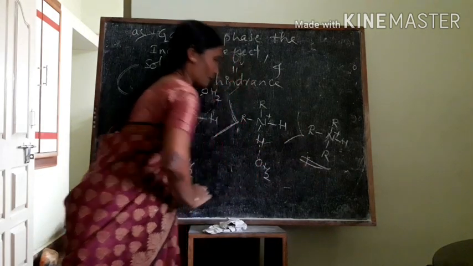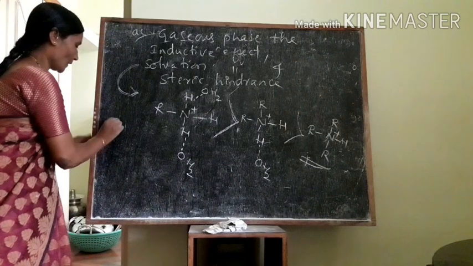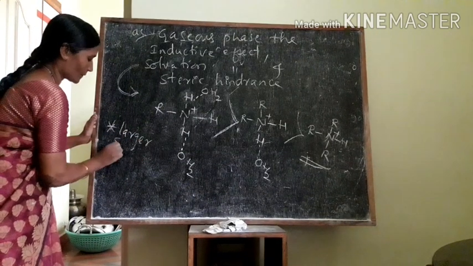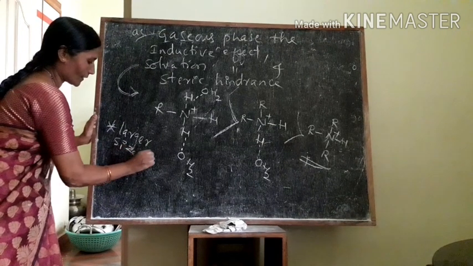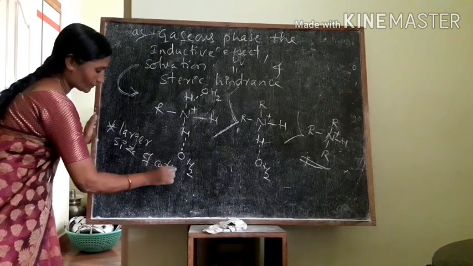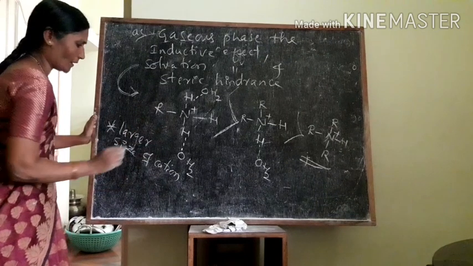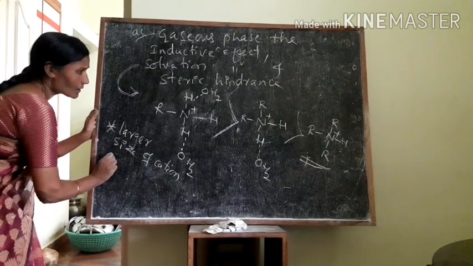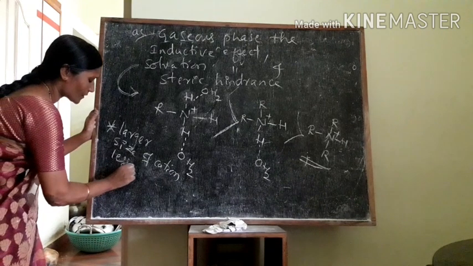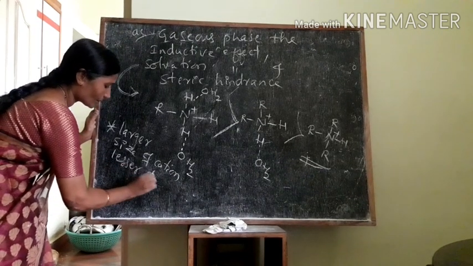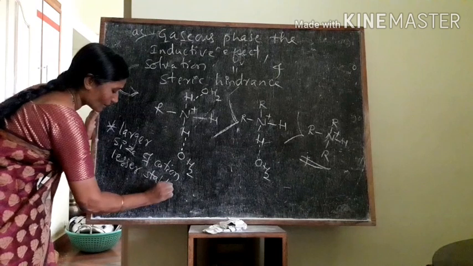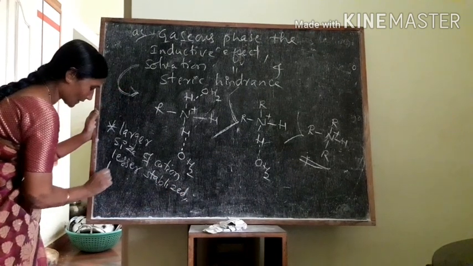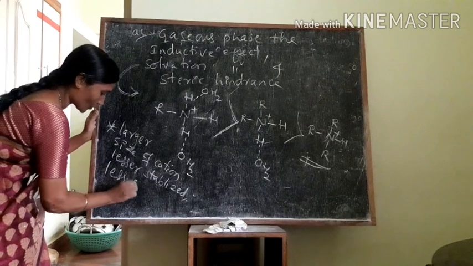Larger the size of the ammonium cation, you can say that it is lesser stabilized due to less solvation also.